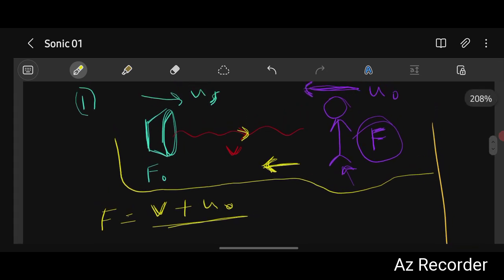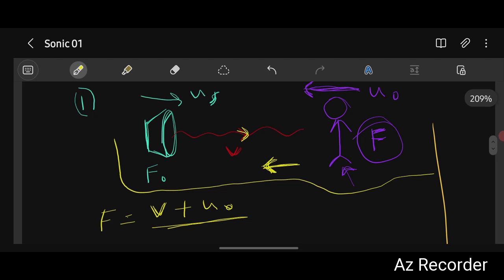Now we want to take the relative velocity of the source. This is the special point you want to remember.